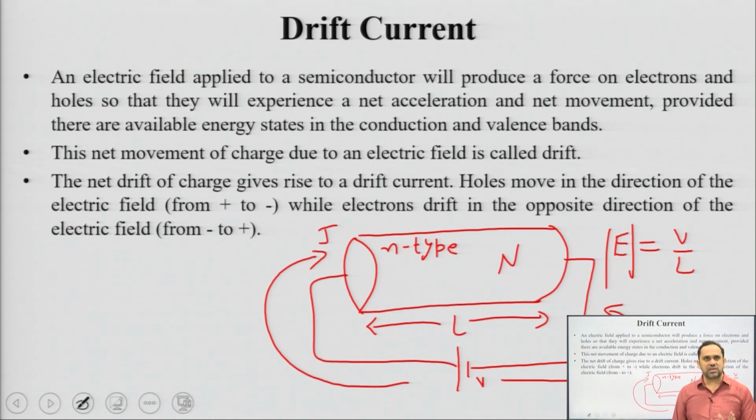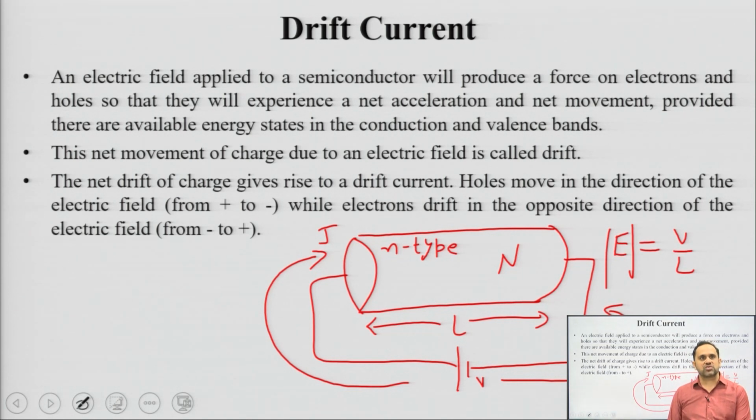But generally there is going to be a net motion from the negative terminal to the positive terminal for electrons. We can say that electrons are drifting in the presence of an electric field, and this drift produces what is known as drift current. Okay. The net drift of these charge carriers gives rise to drift current.